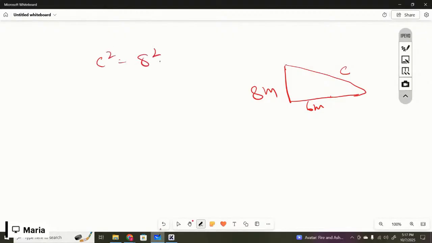So c square equals 8 square plus 6 square. 8 square is 64 and 6 square is 36. That equals 100. So c equals 10.